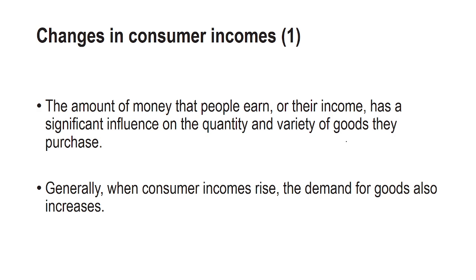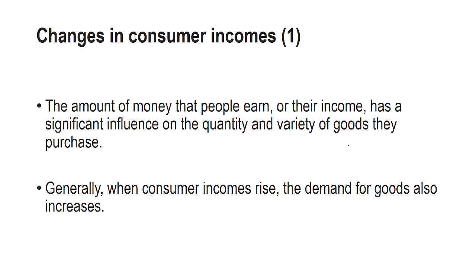The next element that will shift the demand curve, showing a decrease or increase in the amount of demand at the same price, is consumer income. The amount of money that people earn, or their income, has a significant influence on the quantity and variety of goods they purchase.